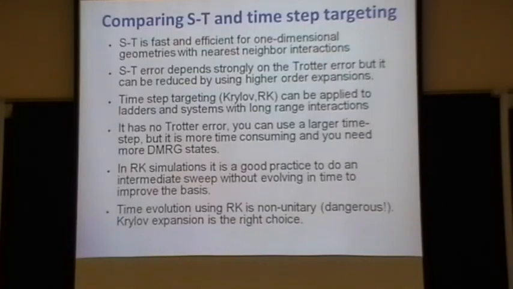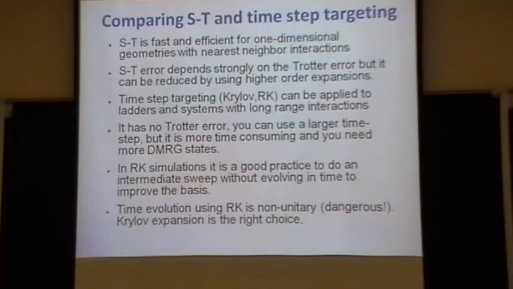The Suzuki-Trotter error depends strongly on the time step. But of course, we can reduce it by reducing either the time step or the order of the expansion. And the time step targeting can be applied to ladders, systems with complex geometries, long-range interactions. So that's the main advantage of having a method like that.